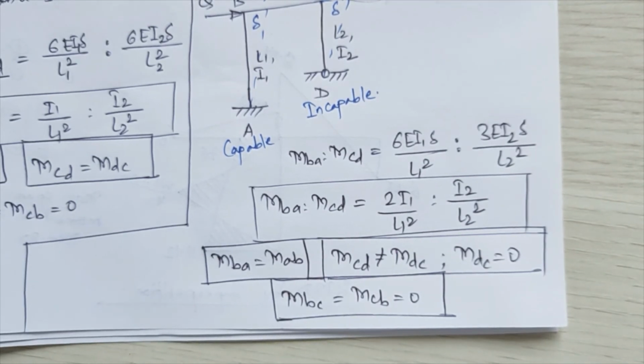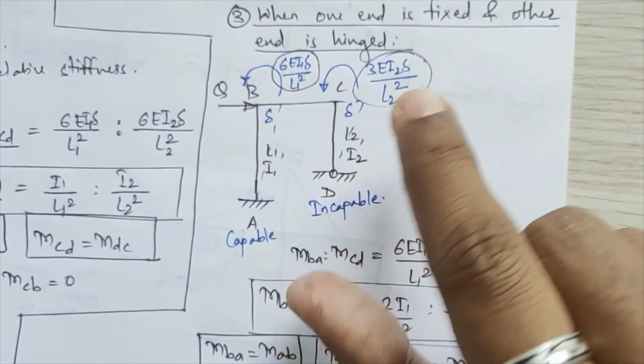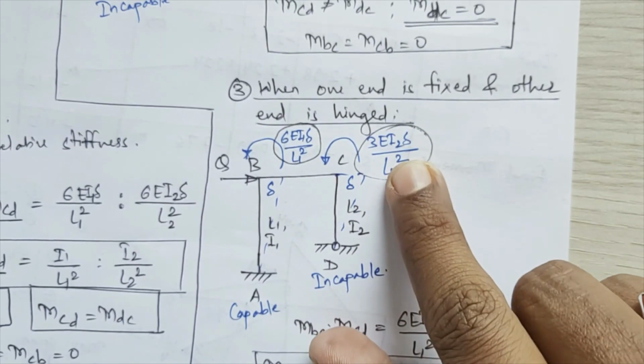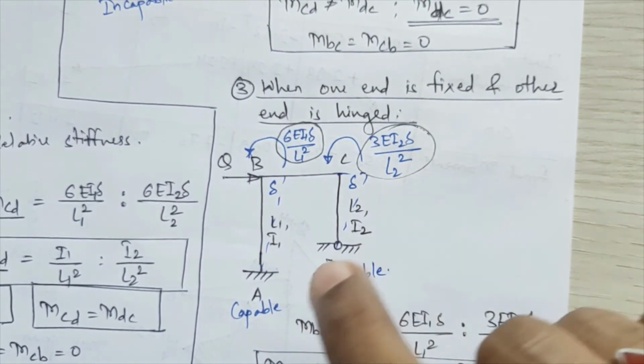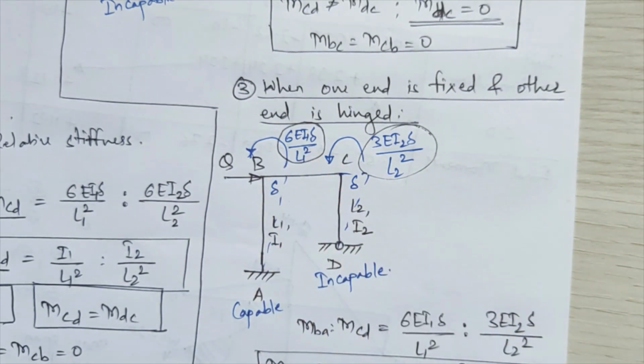Only one concept you have to remember over here. If your support is a hinge support, at that time the translation rotation you are going to take is the value 3EI delta upon L square, and if your support is a capable support, at that time you are going to take the translation rotation value equal to 6EI delta divided by L square.